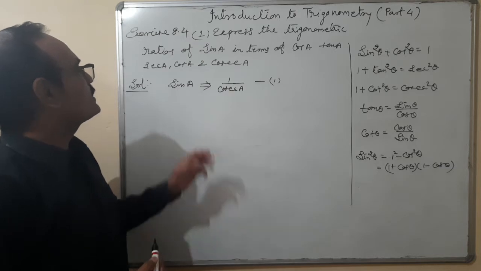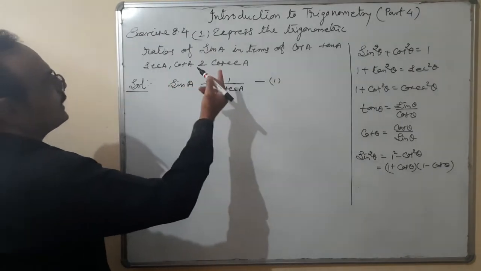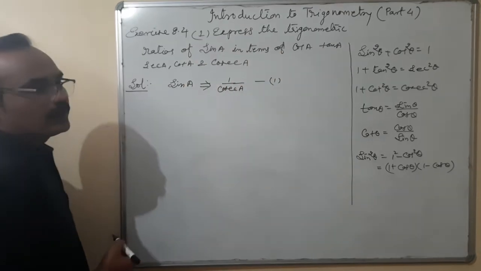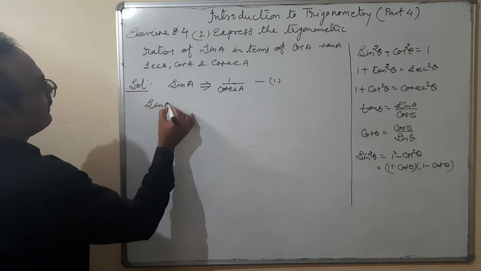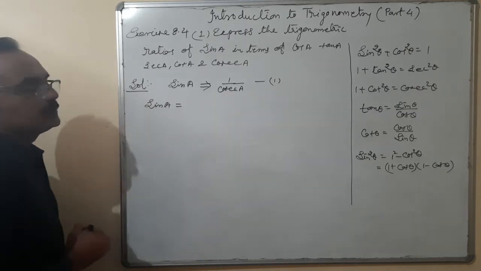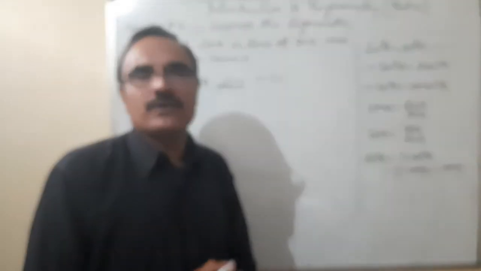Second, we are going to convert sin A in the form of cos A. So I have to write sin A equal to, because you can see that all the trigonometric ratios which are given are in the form of a square.